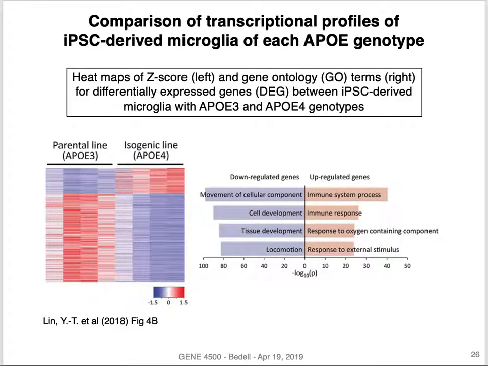But look at this. Immune reactive genes are being upregulated. This is an aha moment, I would say, because they know that inflammation and basically overreaction to the early aspects of the pathogenesis of Alzheimer's is key to the further progression of the disease.